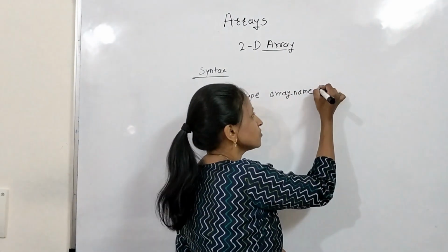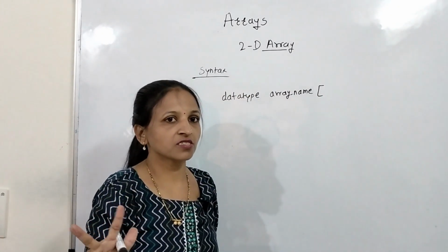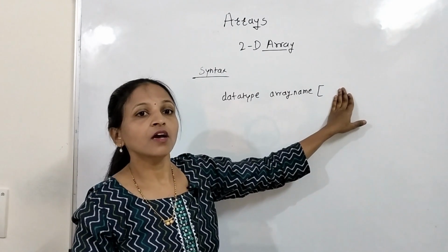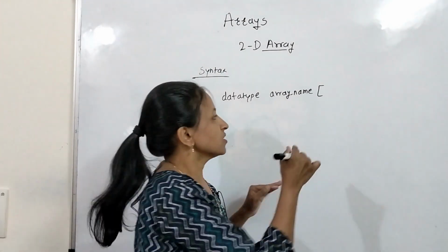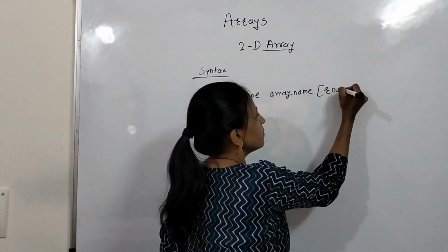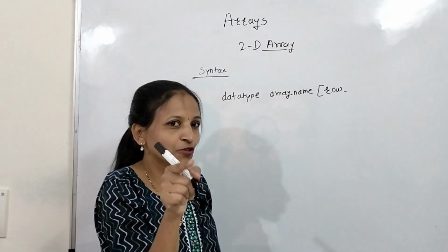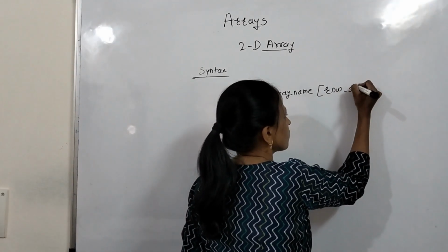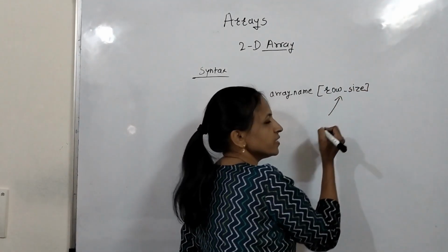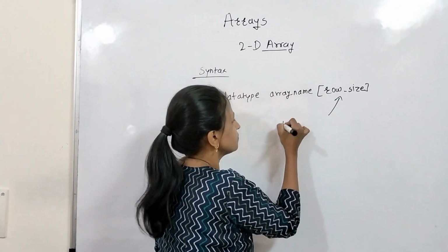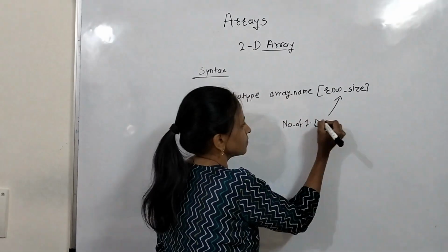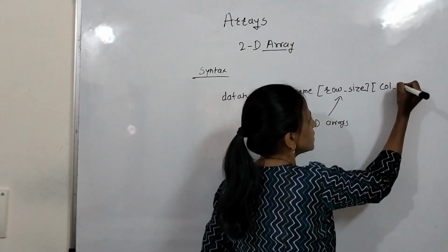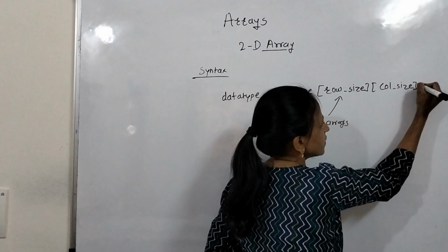Now here, a first square bracket. Here there are two dimensions, that's why it is called a two-dimensional array. The first dimension will indicate the row size. Row size means the number of one-dimensional arrays. Actually, row size is nothing but the number of one-dimensional arrays. And second, you have to specify the column size and give a semicolon.